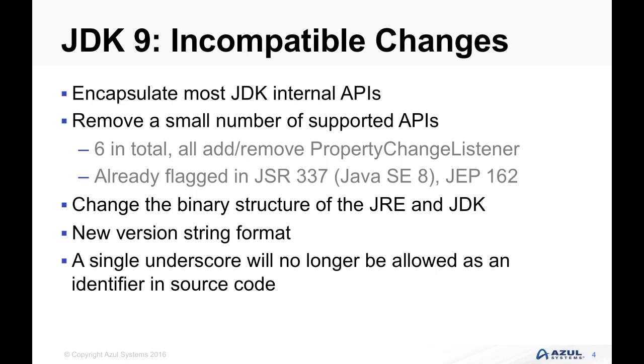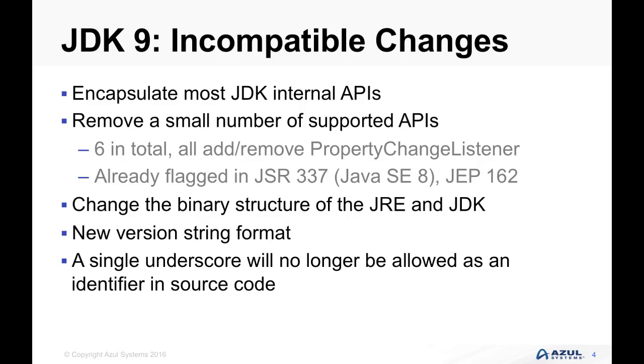Deprecated APIs. This was introduced back in JDK 1.1. Things were annotated or marked with the deprecated tag, and so the idea was that you knew that things like Thread.stop was not supposed to be used, and it would be removed at some point in the future.